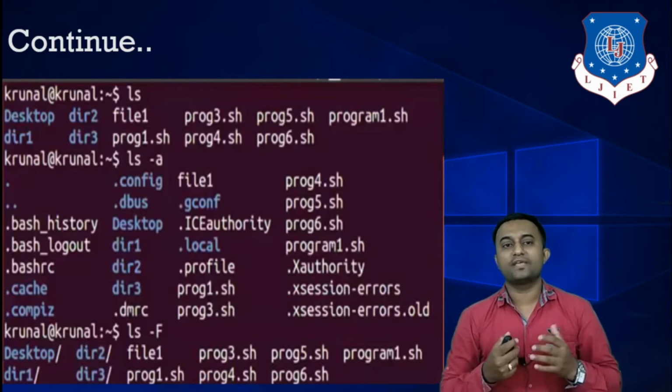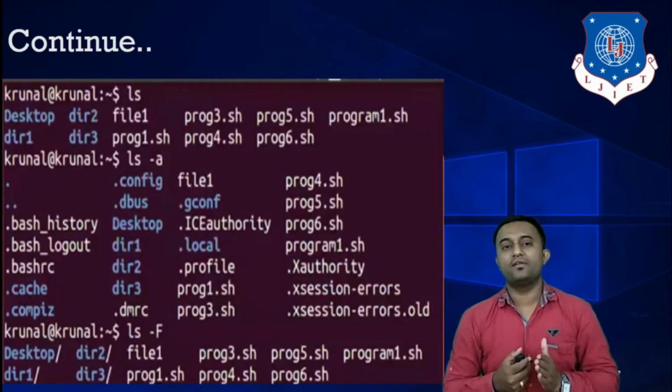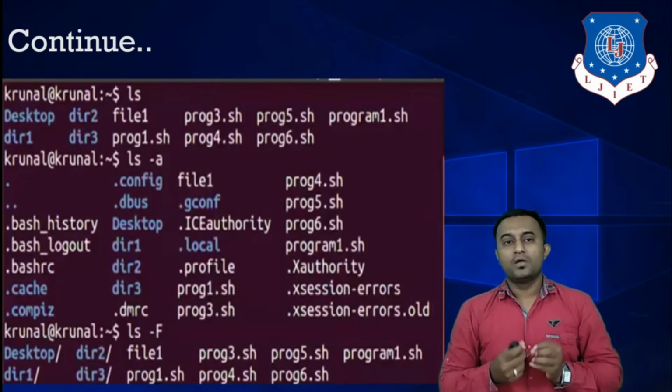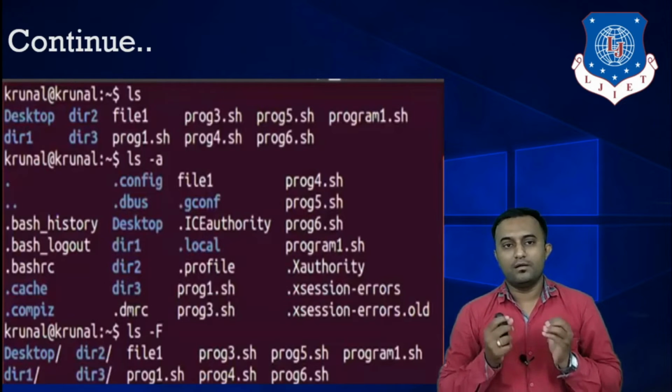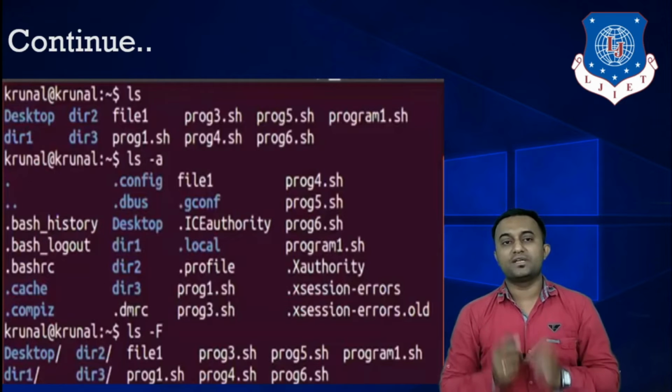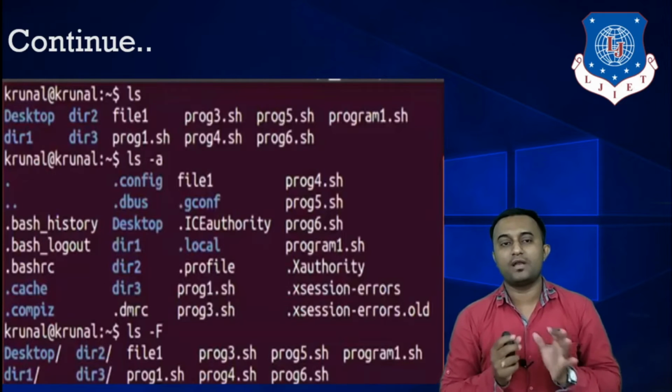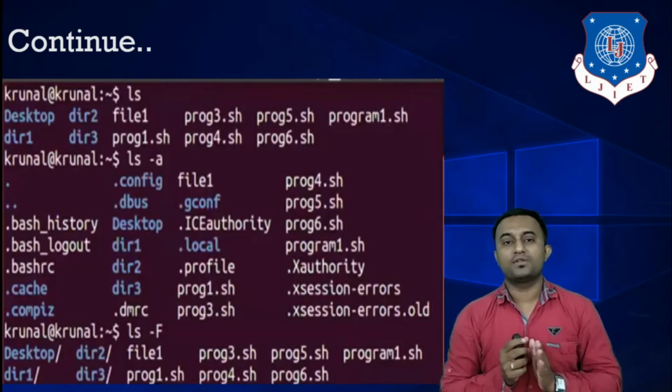Now the second option we have with the ls command is ls -a. If you use -a, it will show the list of the existing directory. Right now we are in the kernel directory, so whatever content we have in the kernel directory, it will show.